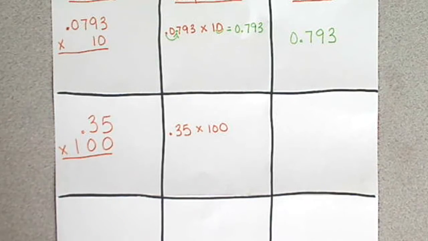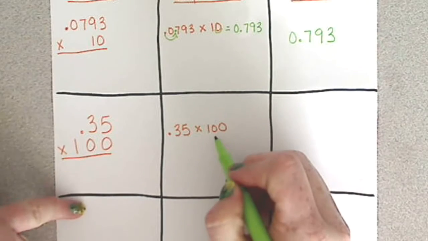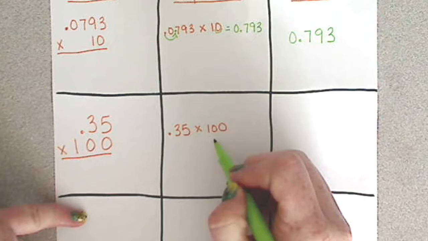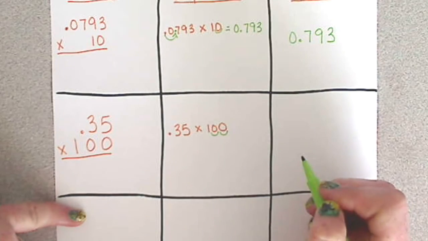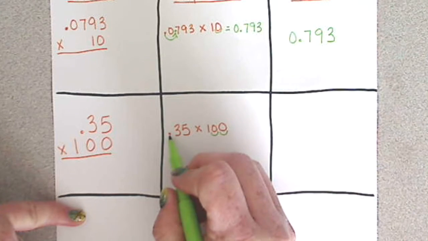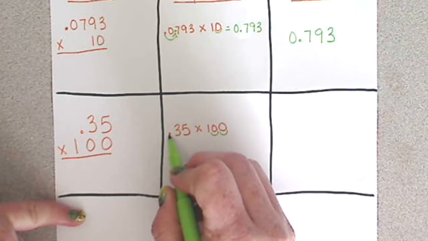Taking my other color, I'm going to count the number of zeros in my second factor. 1, 2. And I'm going to move my decimal to the right 2 times.